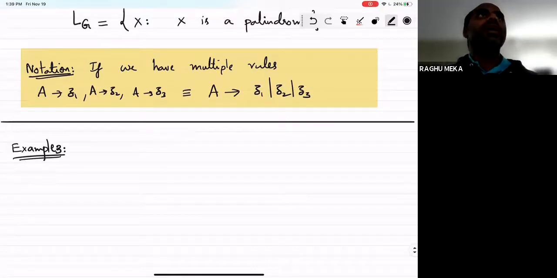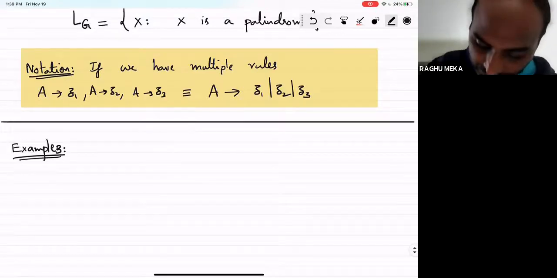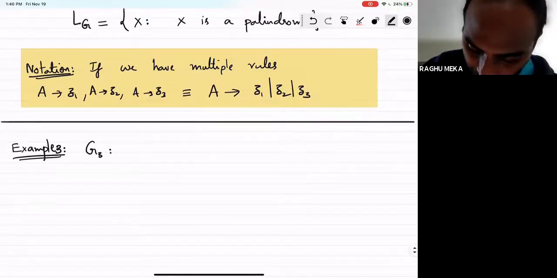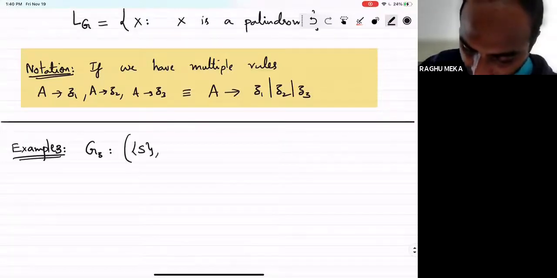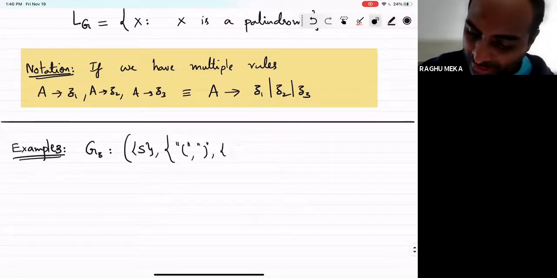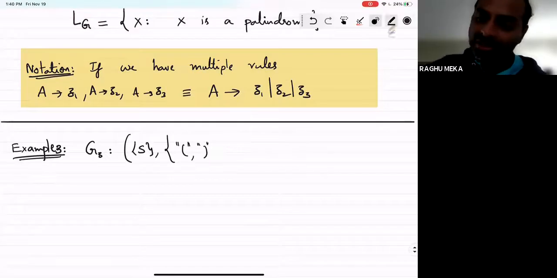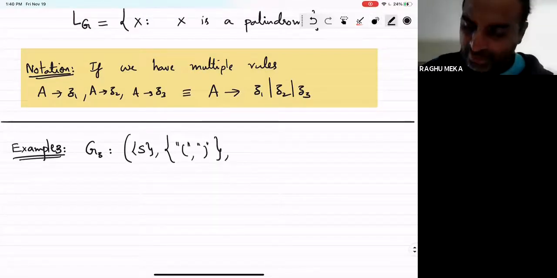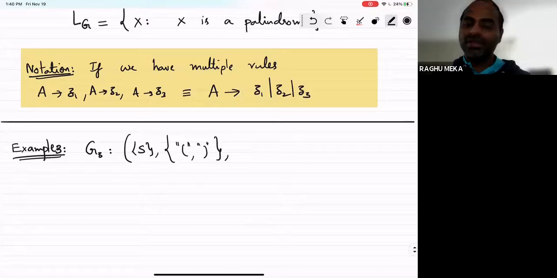My variables are going to be, I still have only one variable, say S. Sigma now is parentheses.